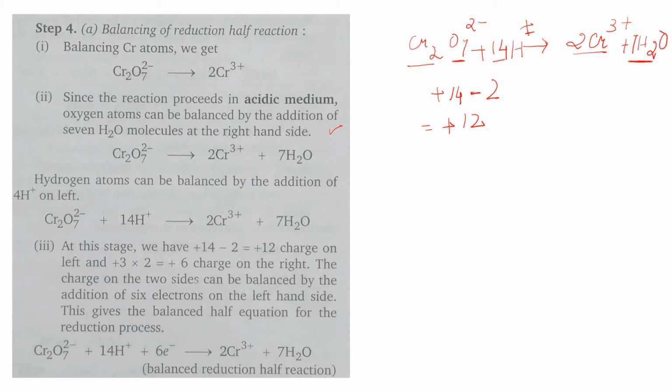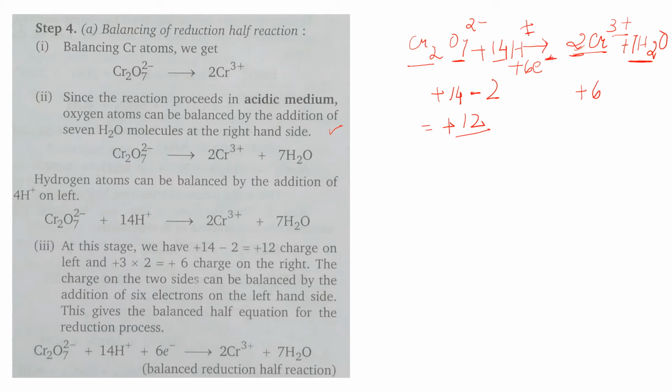Now see the right hand side. Here I am having 3 2s are 6, so I am having 6 plus charge only. Now what I have to do? I have to balance the charge by adding 6 electrons in the left hand side. I can do that because it is 12 plus charge. So if I add 6 electrons in the left hand side, my charge will be balanced.